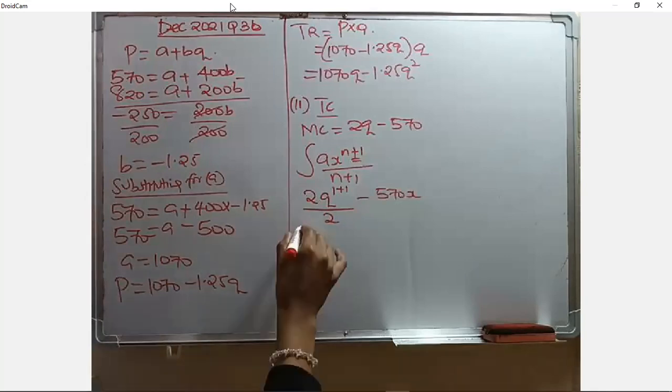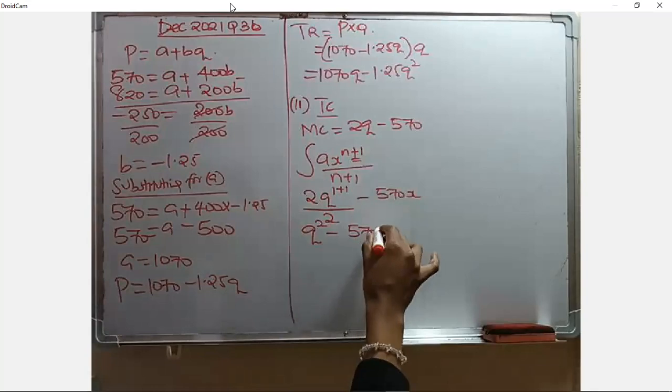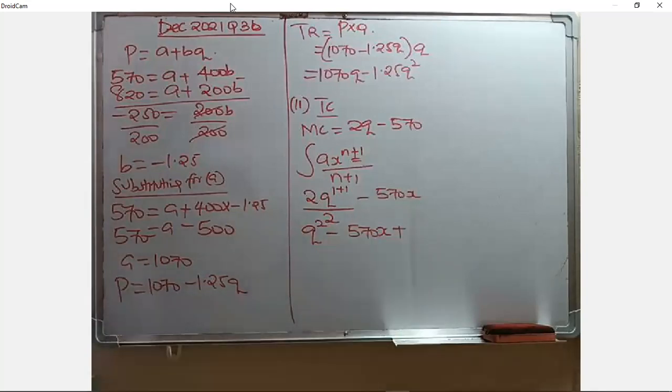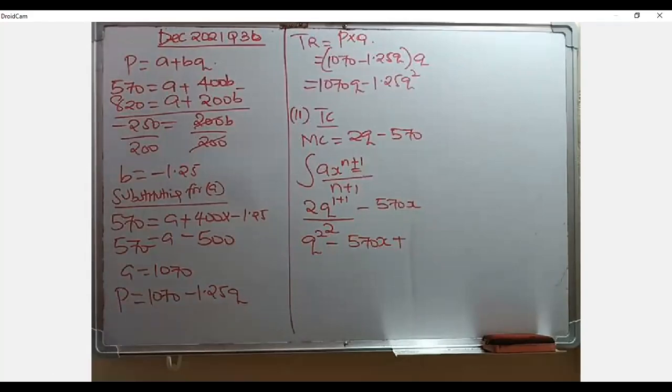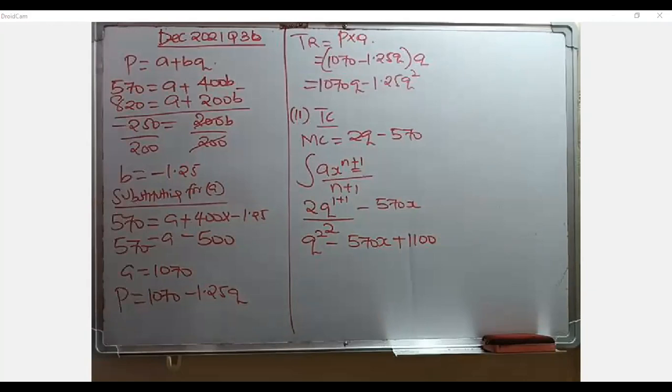So this is Q squared minus 570Q, remember this is the variable component, plus the fixed cost, which is given in the question as 1100.